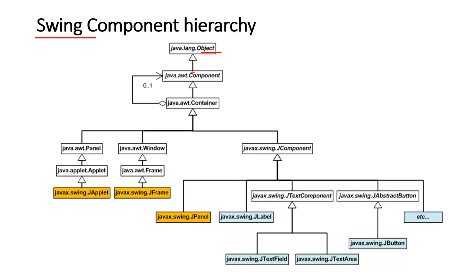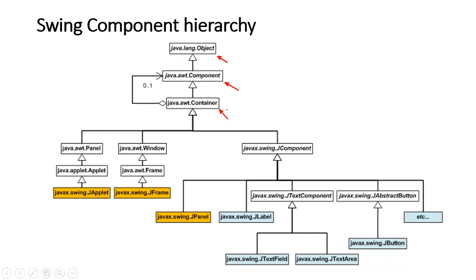We have already studied that the components of AWT are derived from this. So from this Object, the next derivation is Component. From Component, the next derivation is Container.